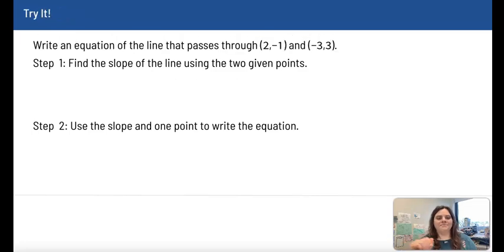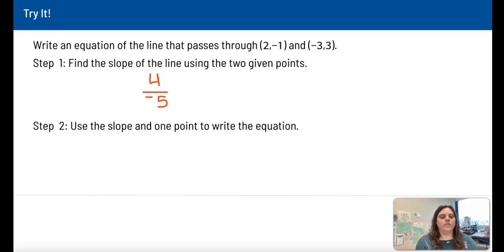Now you try. Write an equation of this line passing through 2, -1, and -3, 3. Pause the video, try it out, press play to see the answer. In this problem, we are going to get a slope that is 4 over -5. So we have a negative slope here.